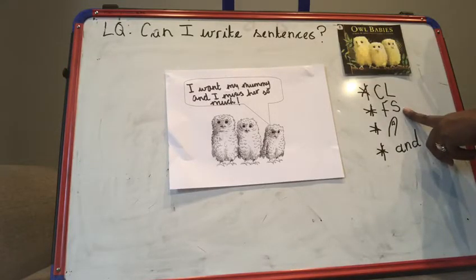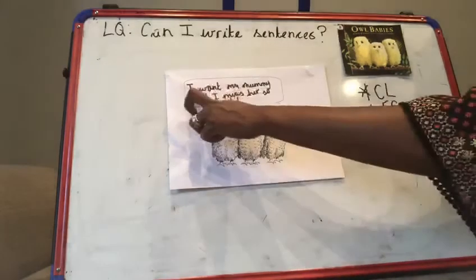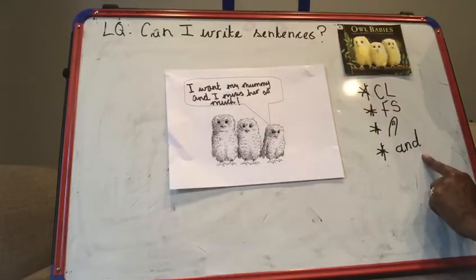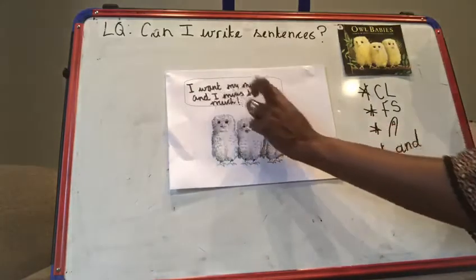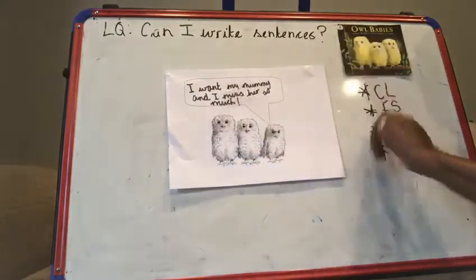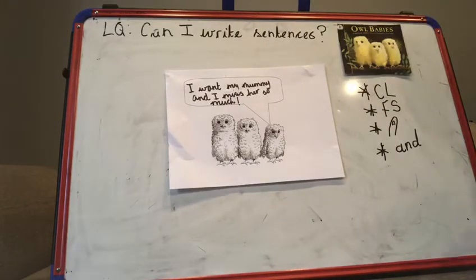We actually used an exclamation mark. That's right. So in year one, we can use a range of punctuation. I have used my finger spaces to separate my words, and I've used the conjunction and. I want my mummy and I miss her so much. Oh dear, poor Bill.